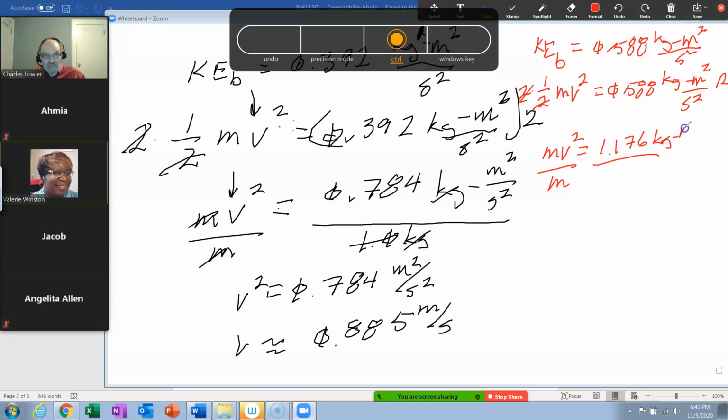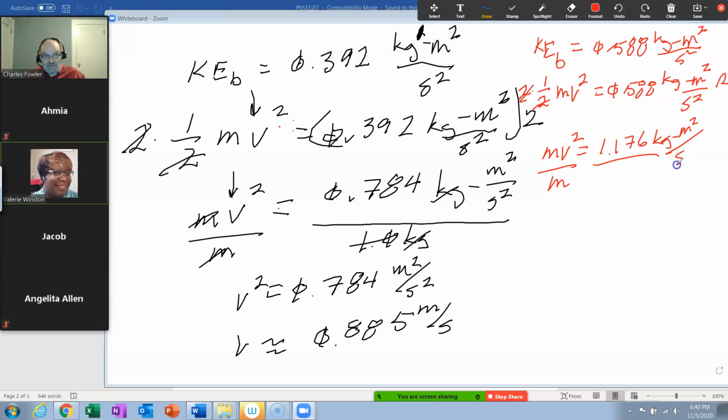Okay, divide that by m, and that would be kilogram meter squared per second squared. And our mass was 1.5 kilograms, right? And what do you get? The masses divide out here, and you get v squared is equal to, this is so aggravating. Okay, if I can find my calculator now. Don't want to drop that pen, it's expensive.